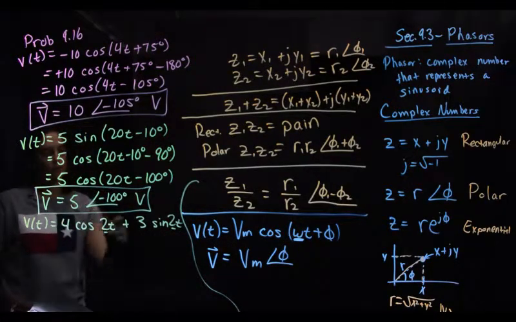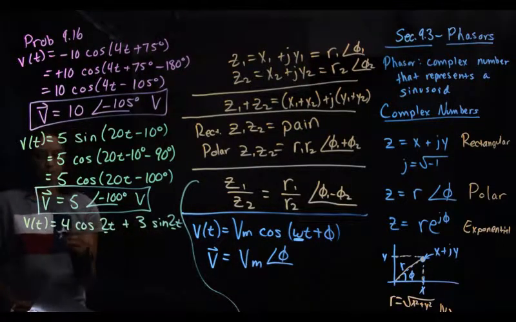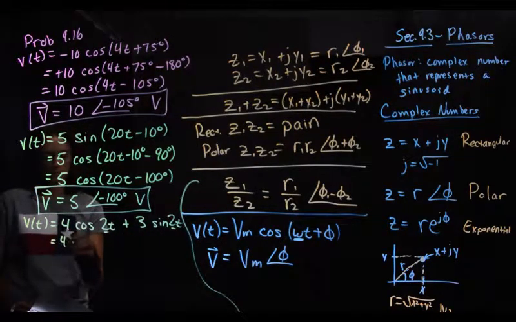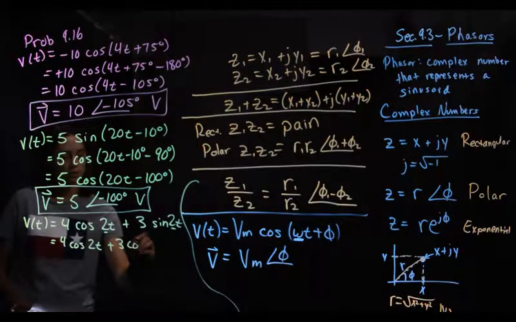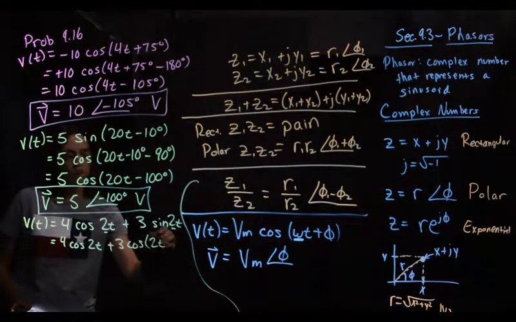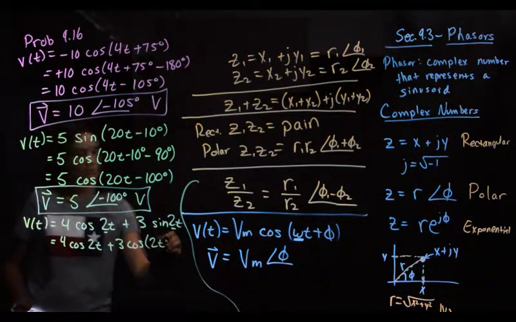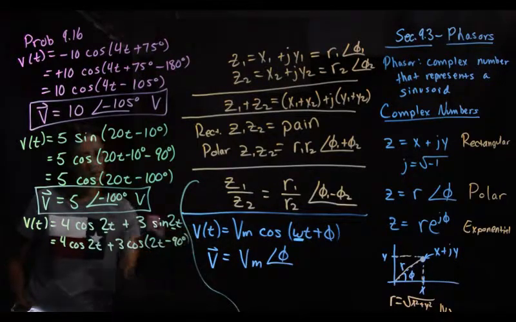That's good, right? That means that I'll be able to do this addition. I want to get this in terms of cosine. So 4 cosine 2t, not doing anything to that first one, plus 3 cosine 2t, shifting from sine to cosine, minus 90 degrees.